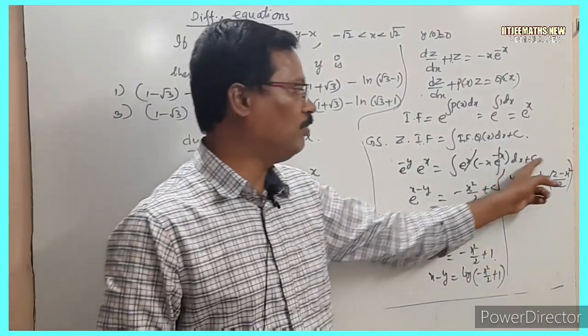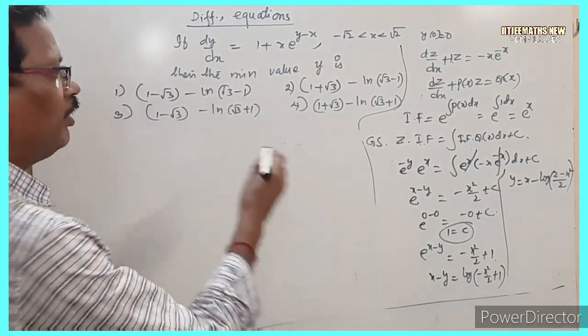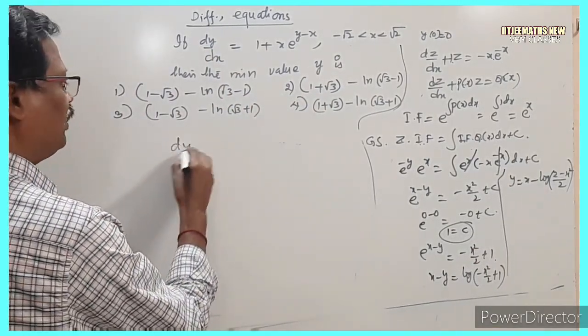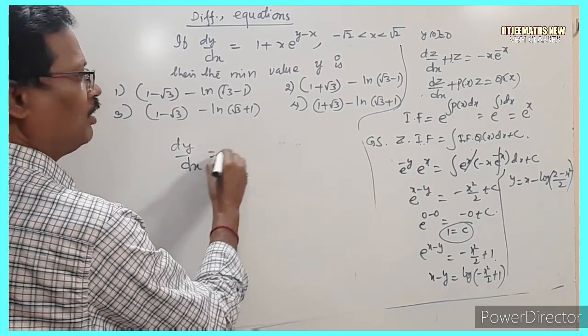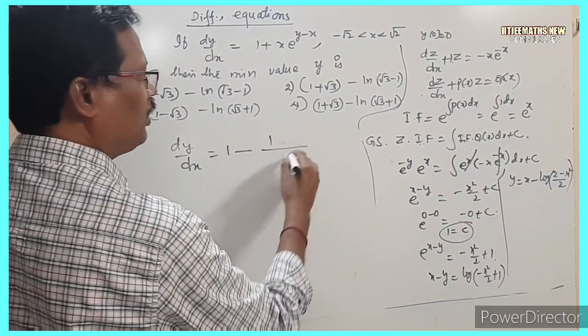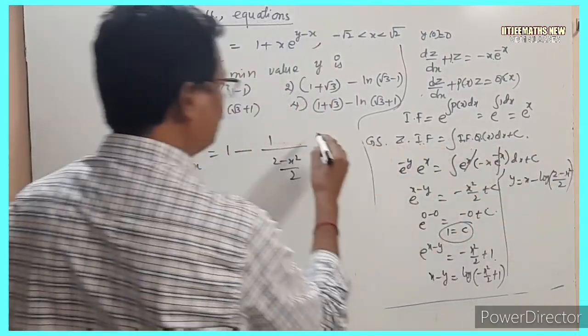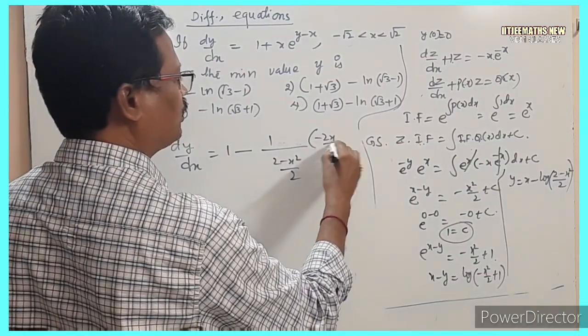For maximum or minimum, the first derivative must be 0. Therefore dy by dx is equal to, if you differentiate, 1 minus log capital X derivative, 1 by capital X into the derivative of the inside, that is minus 2x by 2.